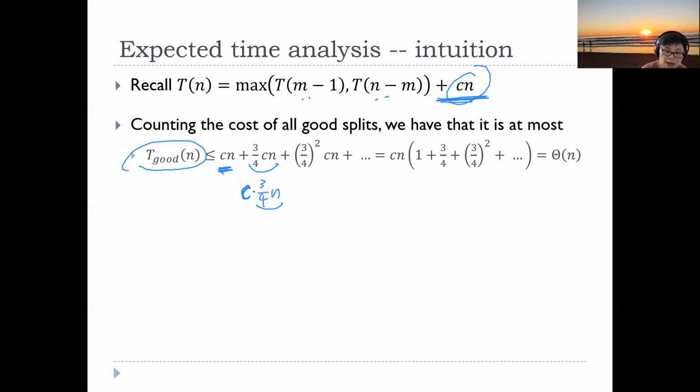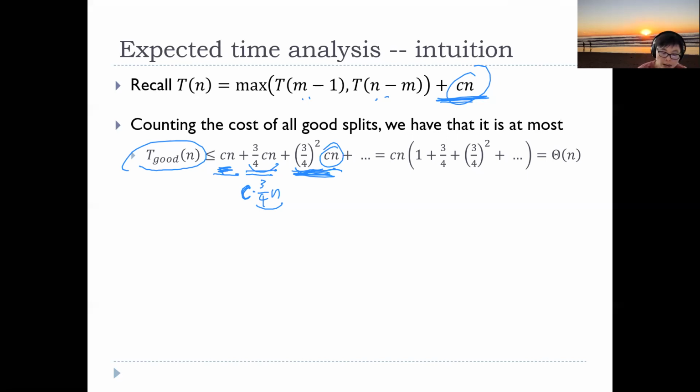And the same holds later. If I have another good split, the size is again reduced to 3/4 squared times before. So every time the size becomes only 3/4 of the previous size. The time to run partition is Cn the first time, at most 3/4 Cn the next time after a good split, at most (3/4) squared times Cn the next time, and so on.